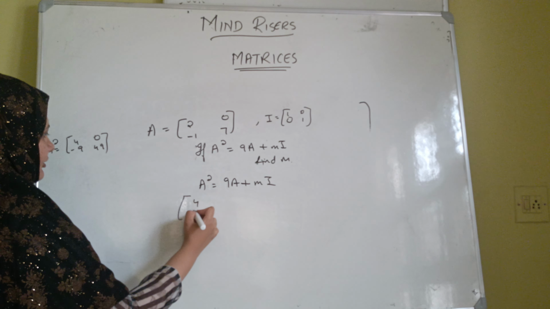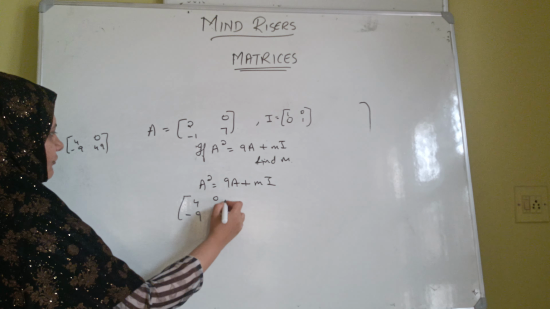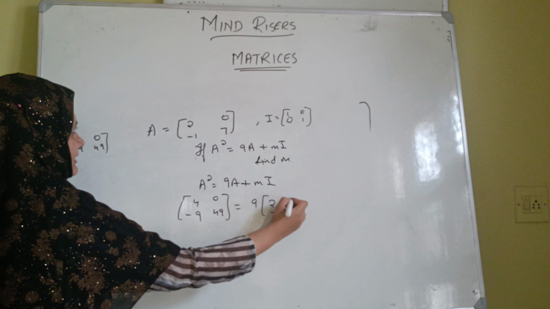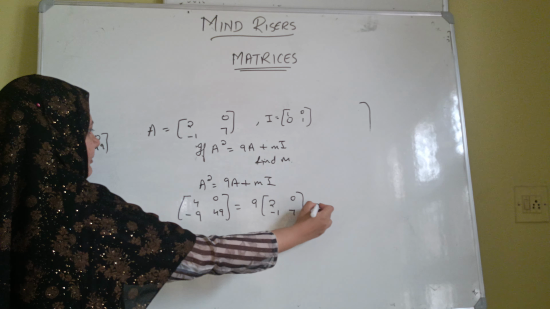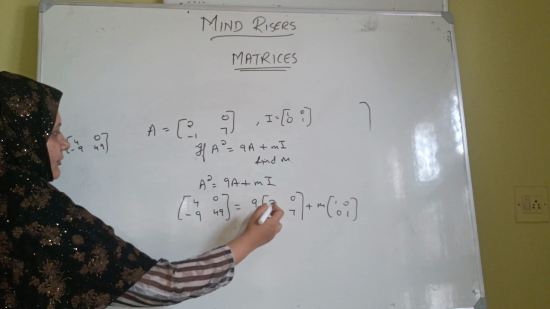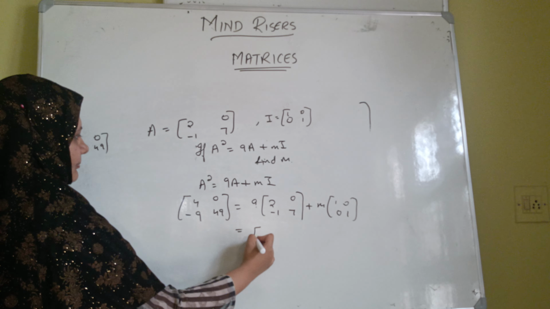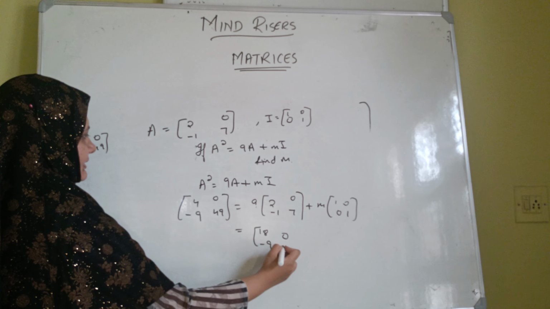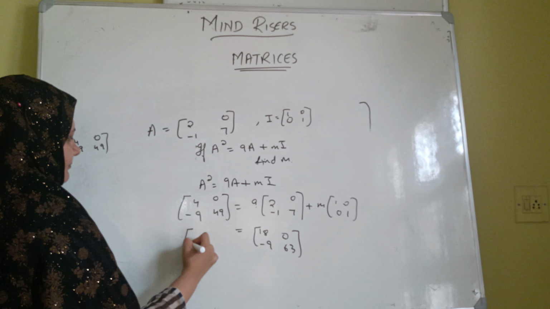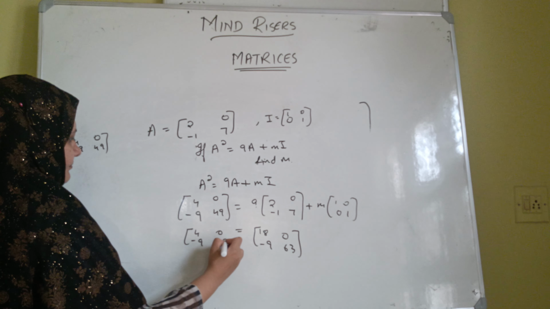A square we've got 4 minus 9, 0, 49. 9 into A, 2 minus 1, 0 and 7 plus M into I. Multiply this 9 with these numbers, you get 18, 0, minus 9 and 9 sevens are 63.